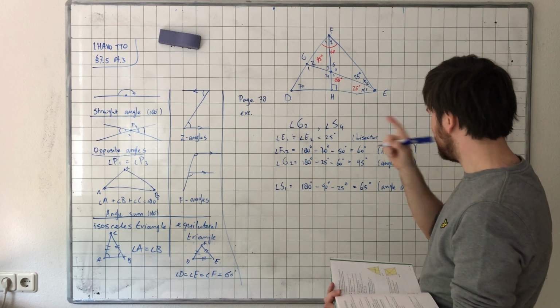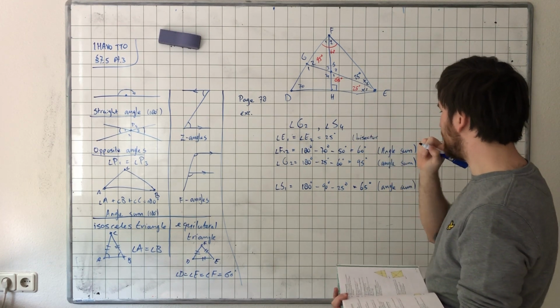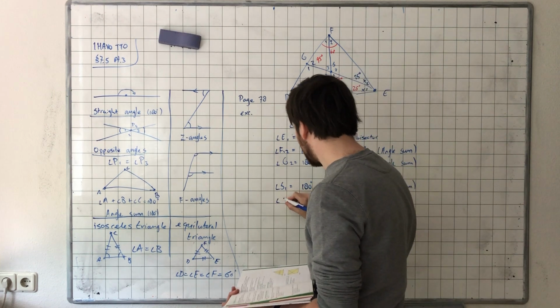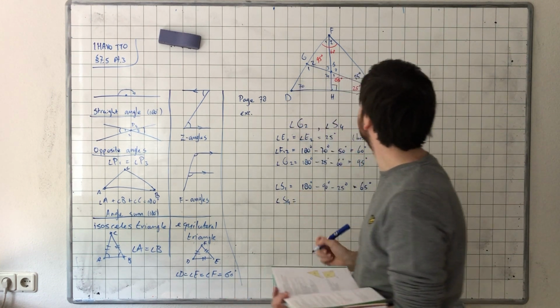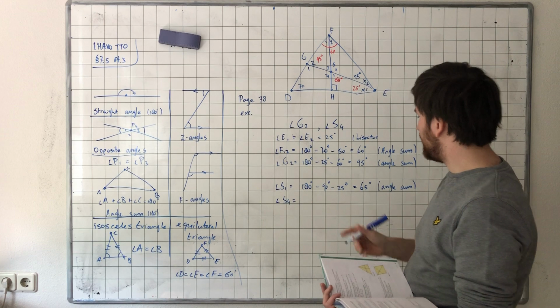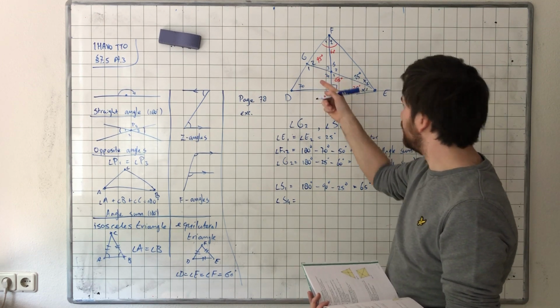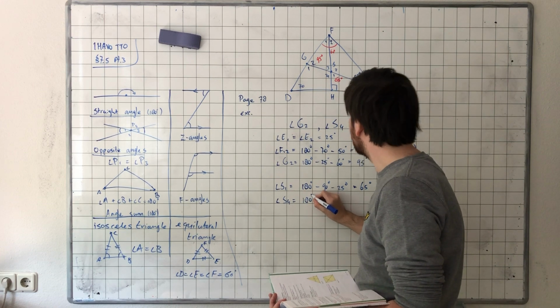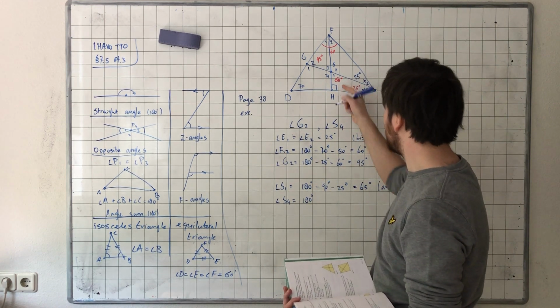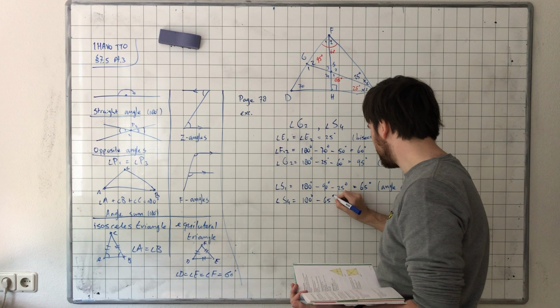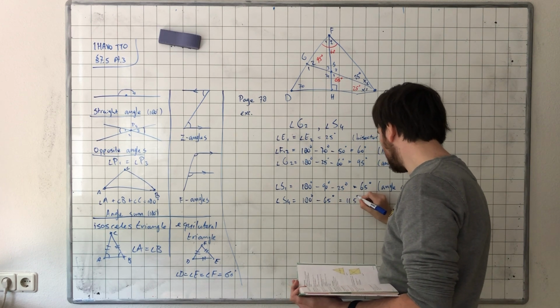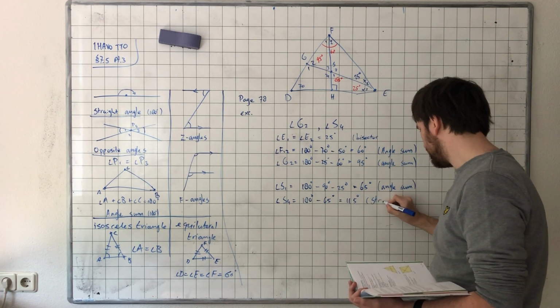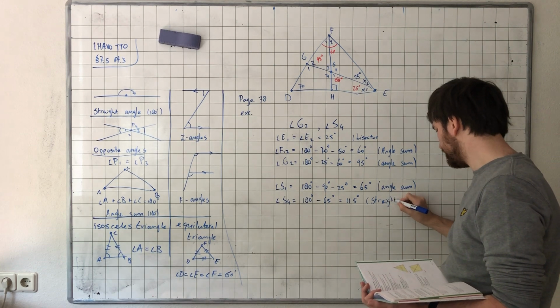Okay, next. Now I'm able to calculate S4. So S14 is a straight angle, so we can calculate S4 by taking 180 degrees minus 65 degrees, which is 115 degrees, because of a straight angle being there.